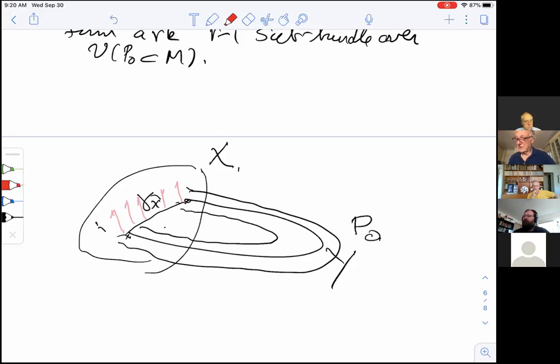So that's what it looks like over gamma x. And what is it over gamma y? Well, it's supposed to be the perpendicular to y and P naught, jointly perpendicular to y and P naught. Well, in this case, y is contained in P naught, so it's just the perpendicular to P naught. So again, it's the vertical bundle, and this would be a section of it.